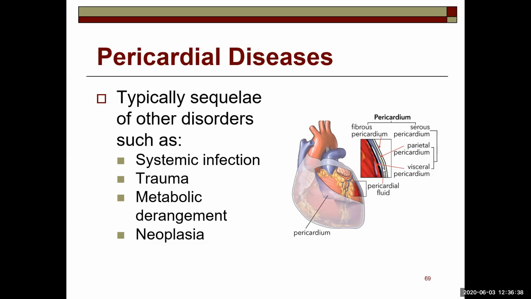Many times we have extra fluid sitting in here that causes a lot of issues to the heart by causing an increase in pressure on the muscles, which allows the heart to pump a little bit less.